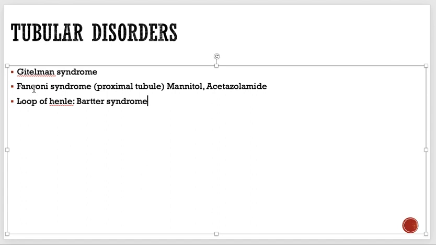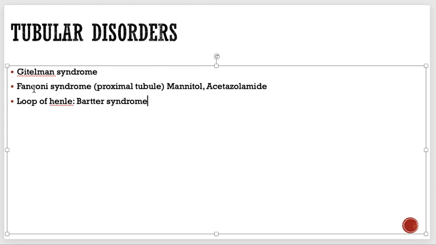So what happens in Bartter syndrome? Sodium reabsorption increases, in exchange for potassium and hydrogen. What happens in these patients is hypokalemic, hypochloremic metabolic alkalosis.